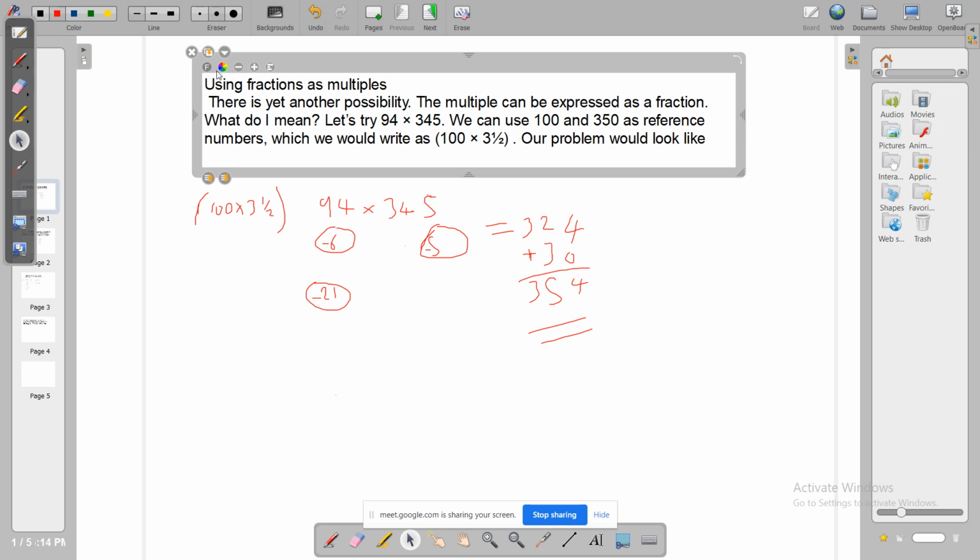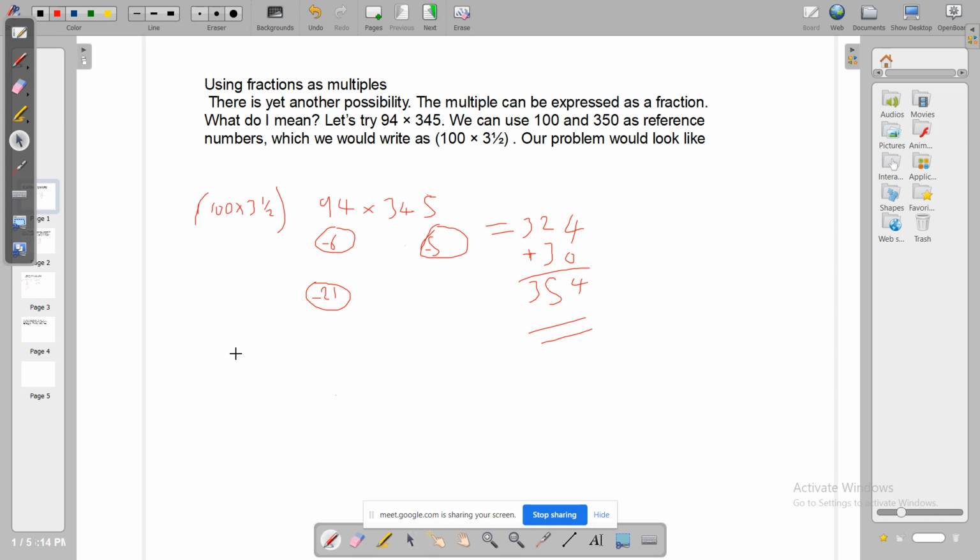Let me pick a pen and underline this. So this is the topic here, using fractions as multiples.